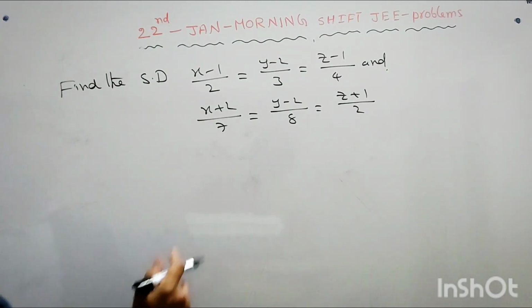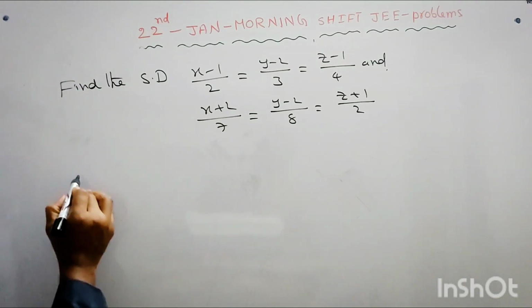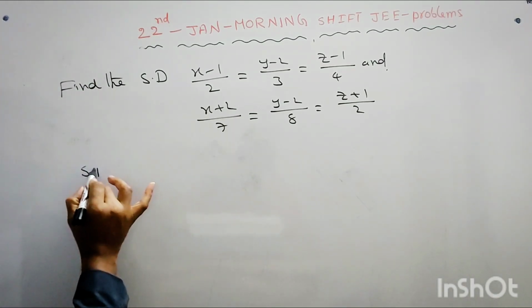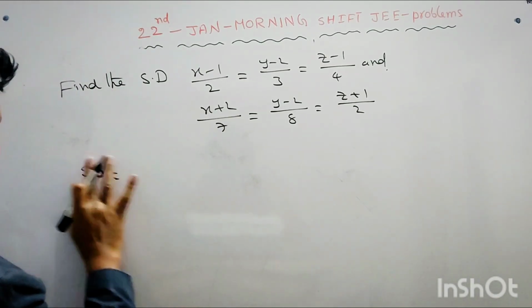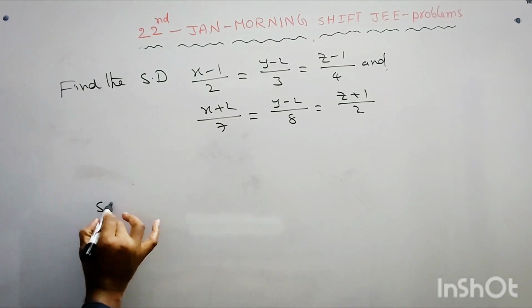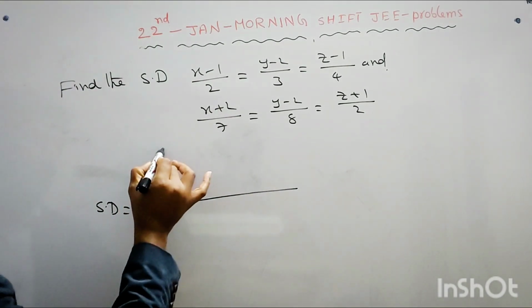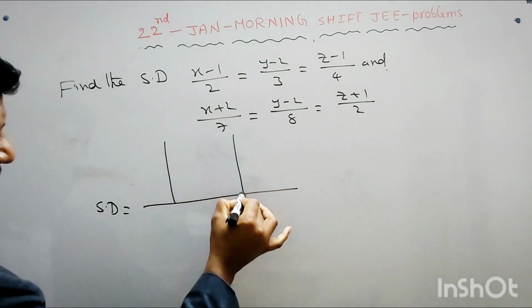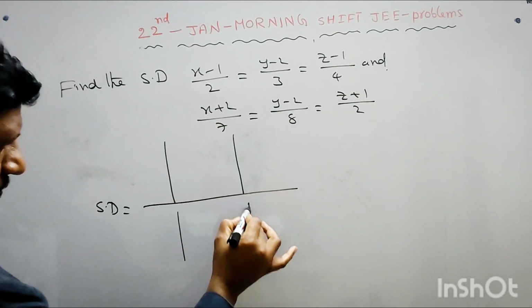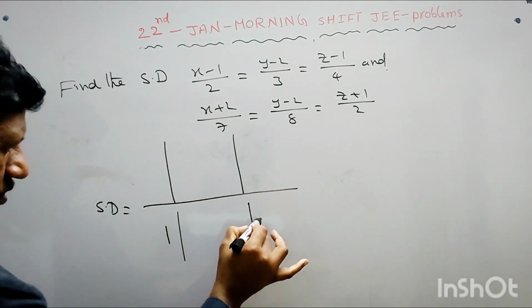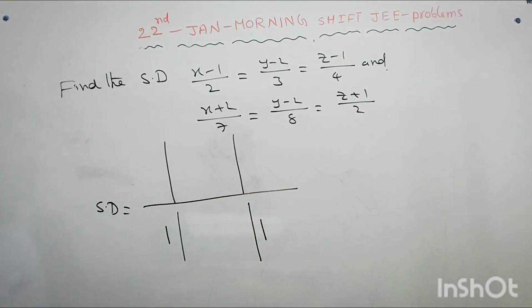Look at this one. First of all, SD, shortest distance, is equal to, first you draw like this. Write the divided by symbol. Write the dot here, and a small mod. Okay, right?